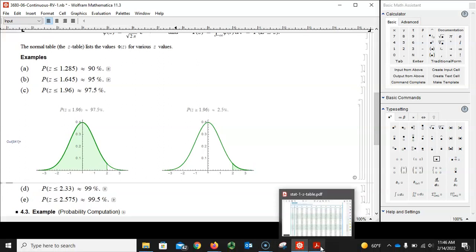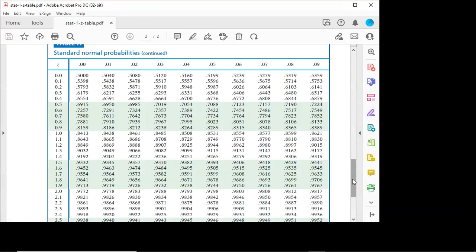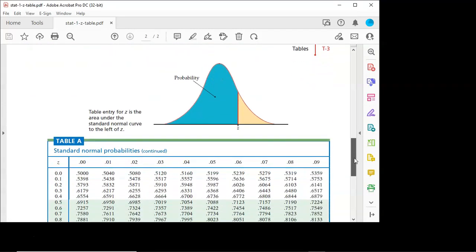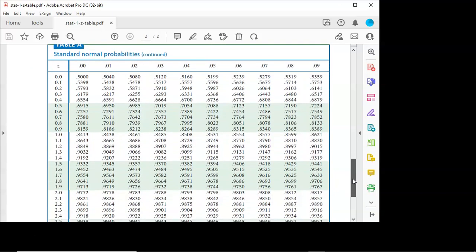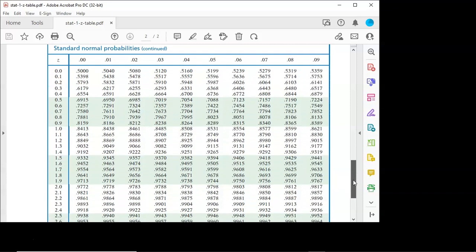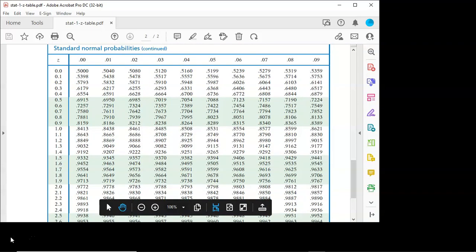Let's go back to that table here. And 1.96, so right, 1.96. So 1.9 is here, up to first decimal digit, and 1.96 is there. So we are looking at this part. So 0.9750, 97.5%.